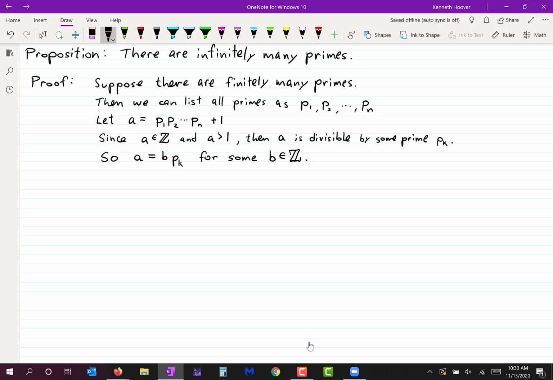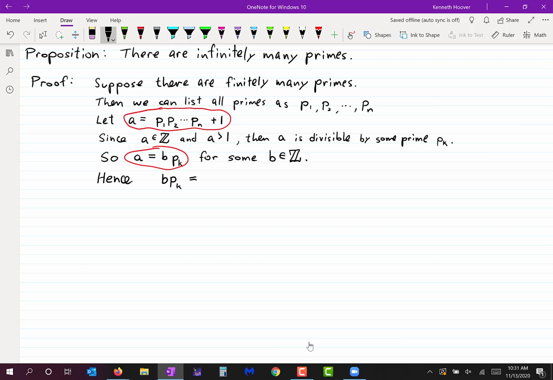So hence, we have this: B times P sub k equals A, but also A equals the product of all the primes plus 1.